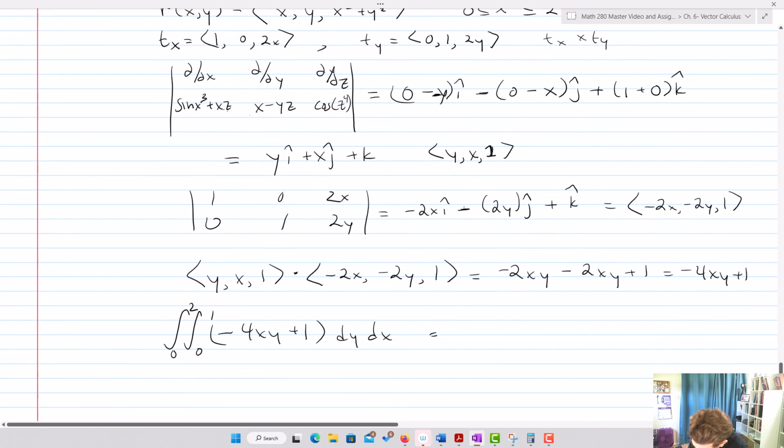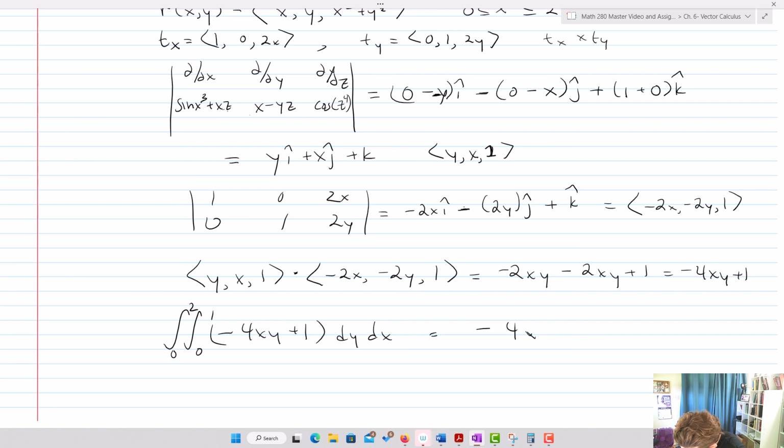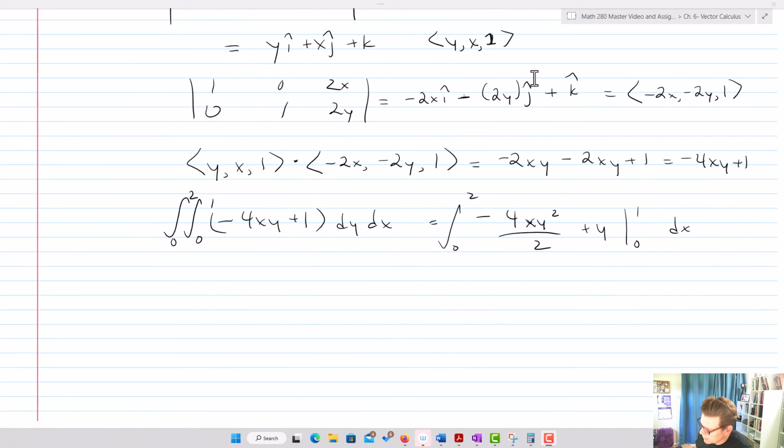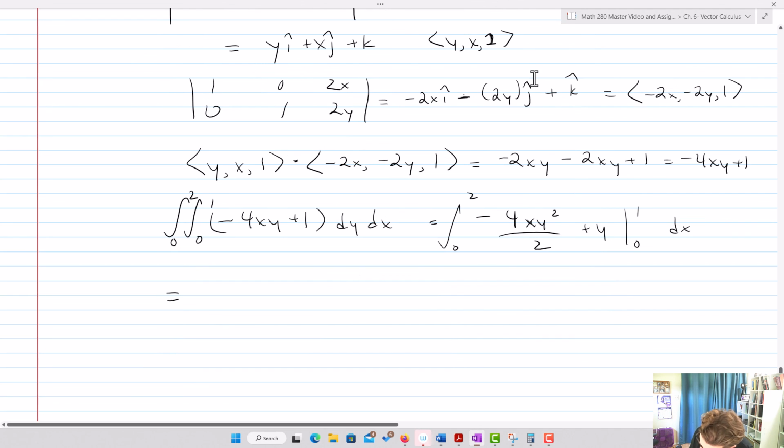That'll then be negative 4xy squared over 2 plus y, evaluated from 0 to 1. And then we'll evaluate that 0 to 2 dx. This is then going to equal negative 2x plus 1.